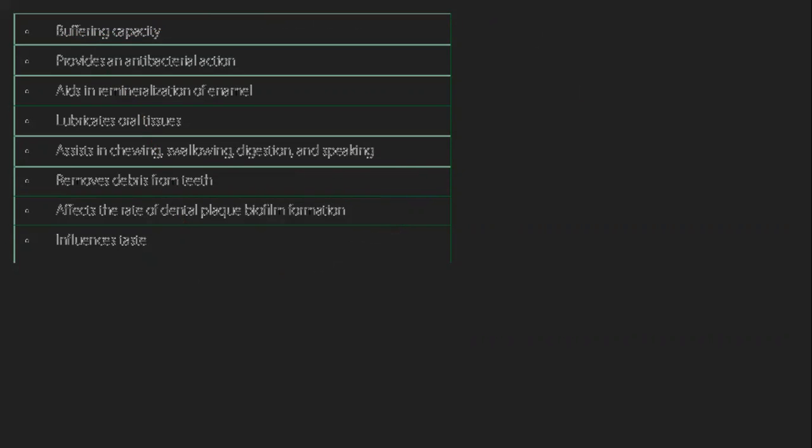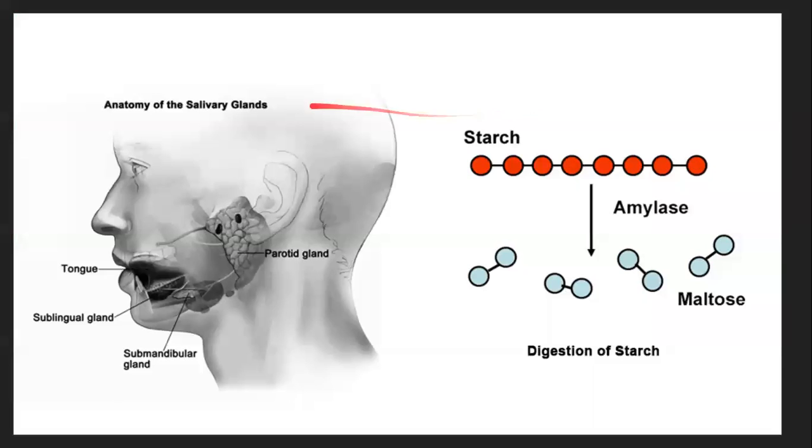It stops things from becoming too acidic or too basic. It kind of keeps things where they're supposed to be, in the middle. It also has some antibacterial effect as well. The saliva produces an enzyme called lysozyme, which kills bacteria. So that has some effect on preventing cavities.